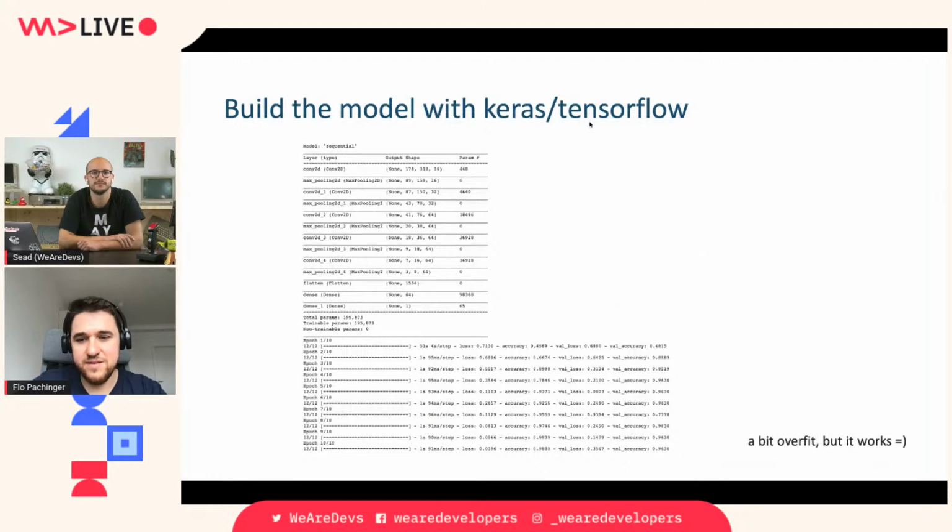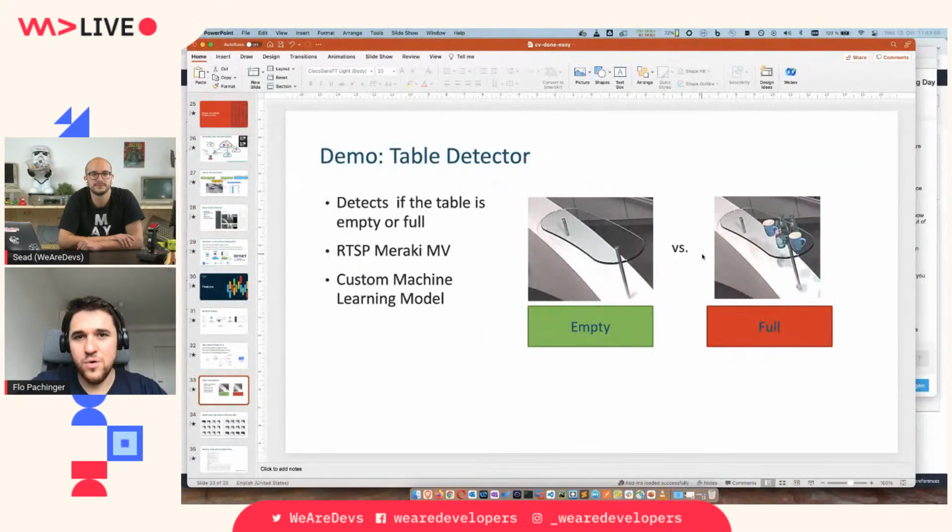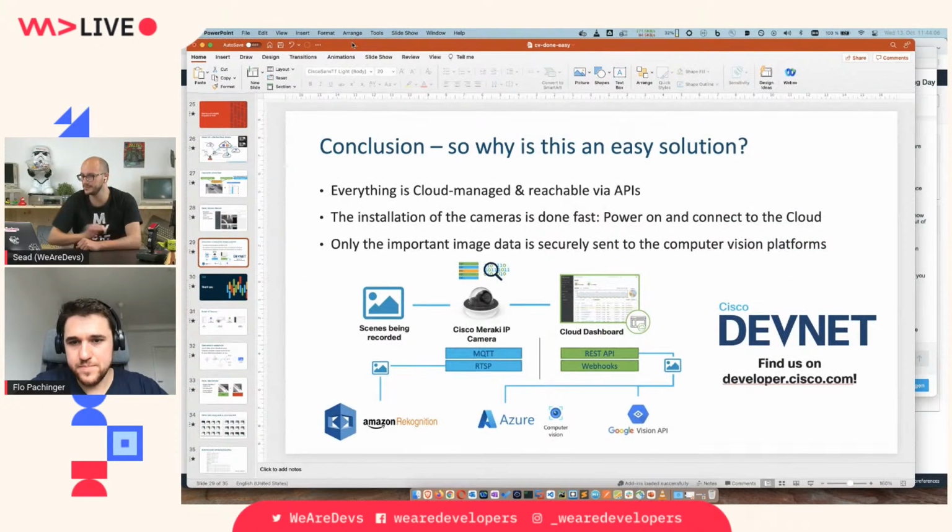I did this as a very easy example with Keras and TensorFlow, where you say, I create this sequential model and build it up on this specific use case. Then if somebody puts something on the table or not, you can definitely see whether it is empty or full. But again, you definitely need your own customized machine learning model for these use cases. Okay, thanks. Quite interesting.